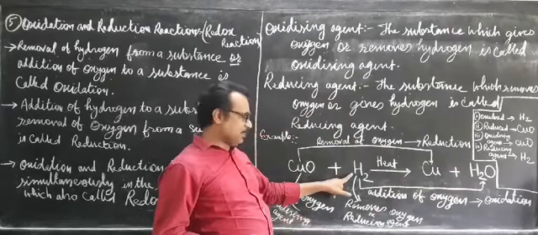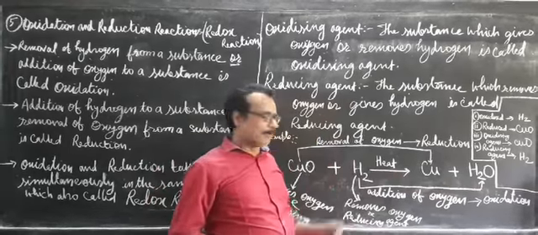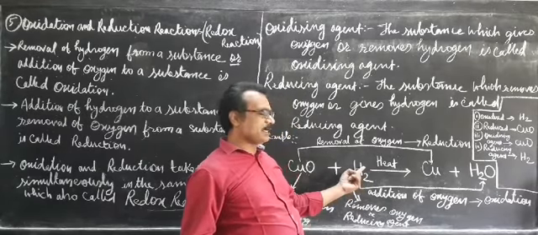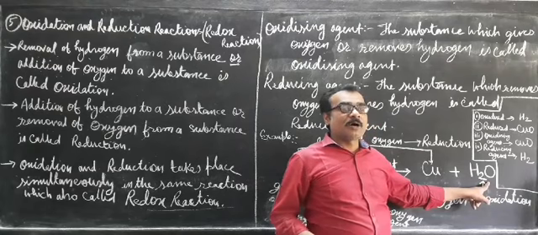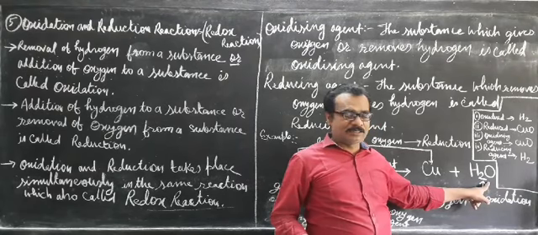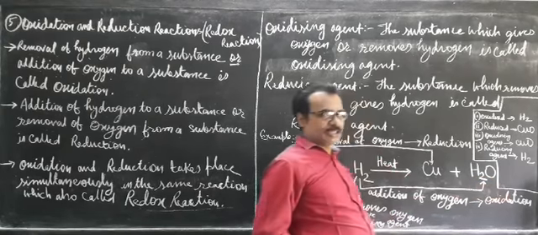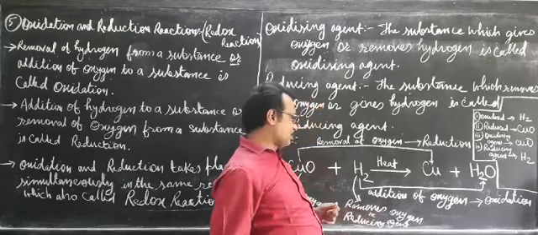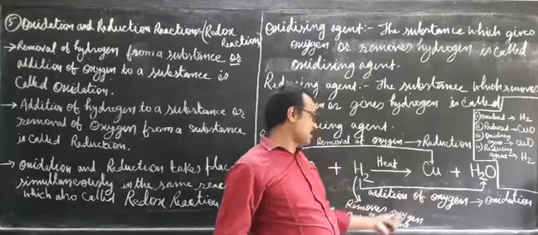So hydrogen is a reactant and water is a product, so you compare these two. What is happening? Here there is no oxygen with the hydrogen, but in water the amount of oxygen has increased. Earlier there was no oxygen, now it has oxygen. There is an addition of oxygen. Whenever addition of oxygen takes place, that is known as oxidation.